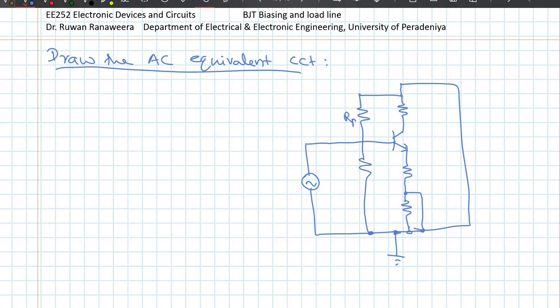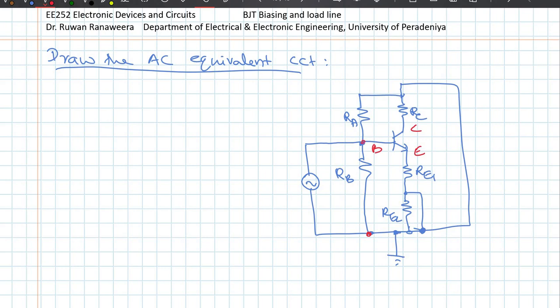So you have RA, RB, RC, RE1, RE2, and this is what you have. So obviously, this point then becomes the same as that, so you can actually put them together. So you see that RA and RB are connected between the base and the ground.